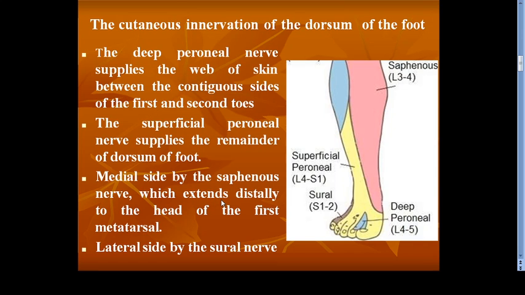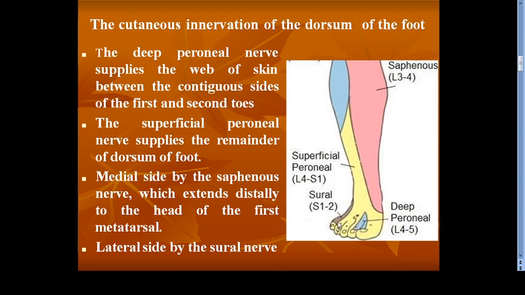Talking of the cutaneous innervation, you can see over here, whole of the dorsum of foot is supplied by the superficial peroneal nerve, right? Some part, that is the first web between the first and the second toe, is supplied by the deep peroneal nerve.